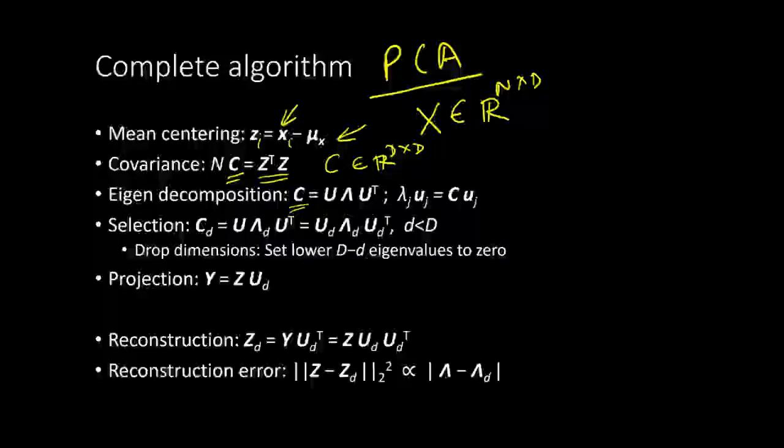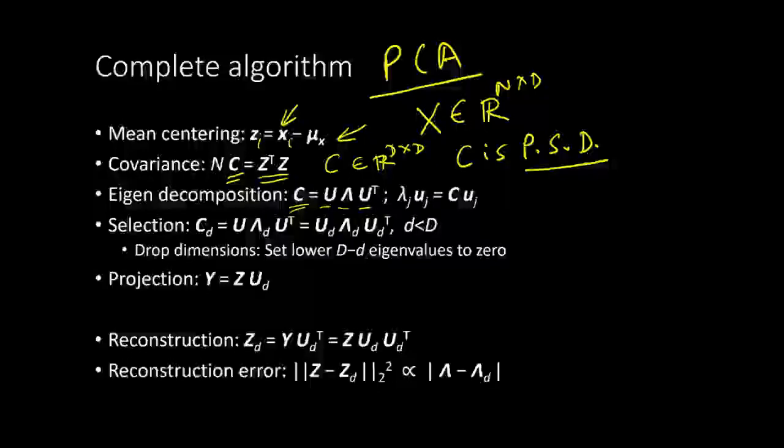It's a square matrix. The other property of this covariance matrix is that C is positive semi-definite. If you have a positive semi-definite matrix, when we do its eigen analysis, we will get eigenvalues that are non-negative. So C can be eigen decomposed into a product of three matrices: U, lambda, and U transpose.